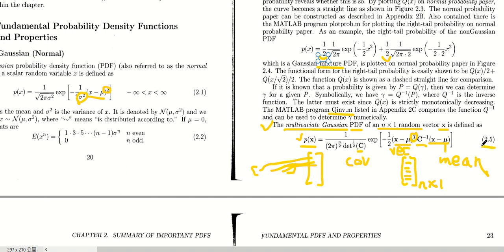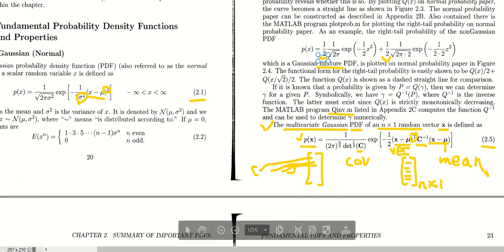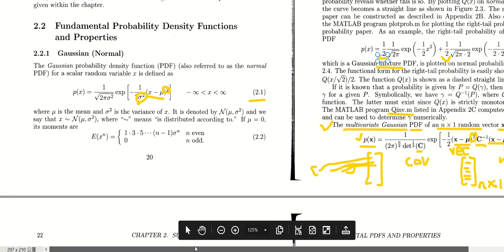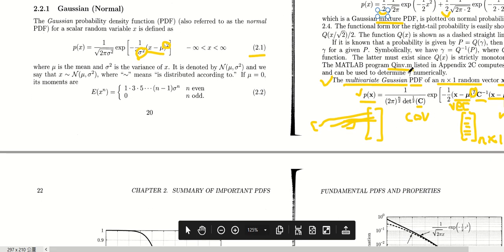Let me say it again: if you put a one by one random vector, which is a scalar, this equation 2.5 reduces back to 2.1 because it is supposed to be a scalar.